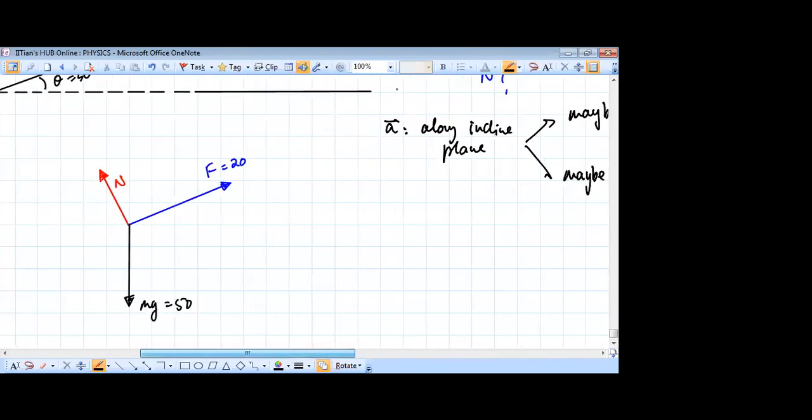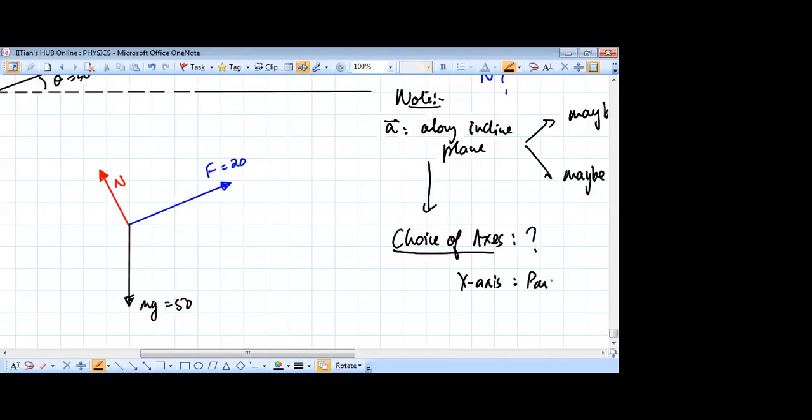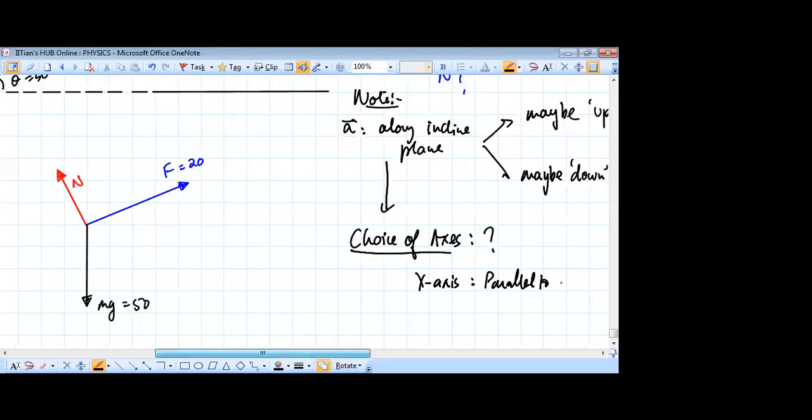So that is why our choice of axis should be the same. It should be x-axis parallel to inclined plane, and y-axis perpendicular to inclined plane. Be like this.